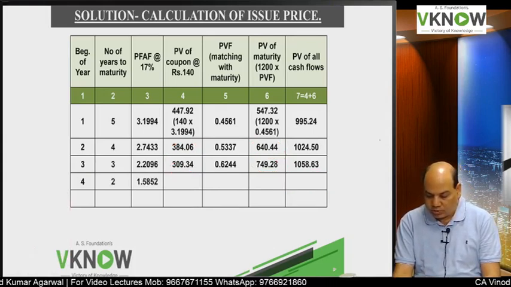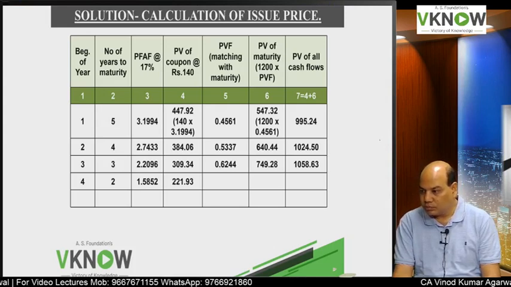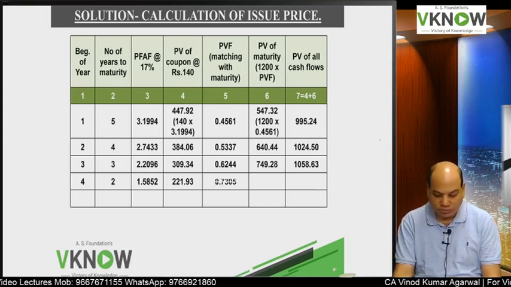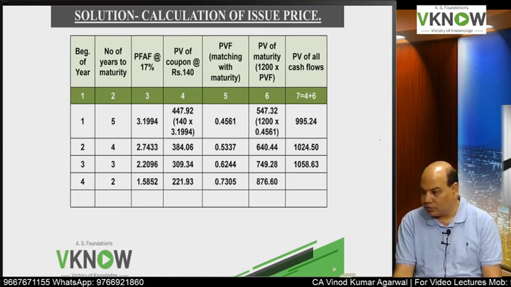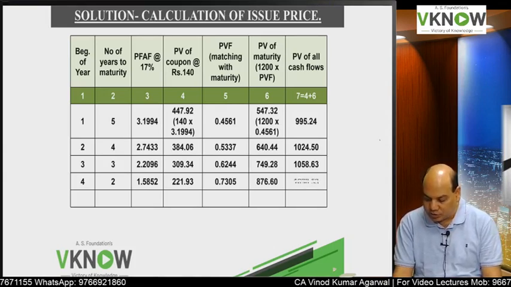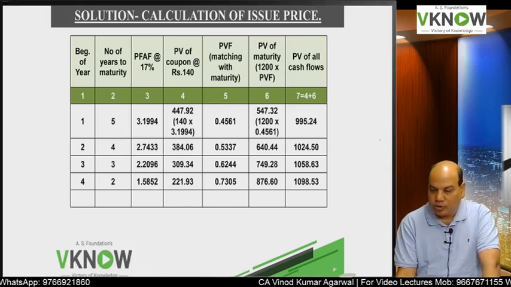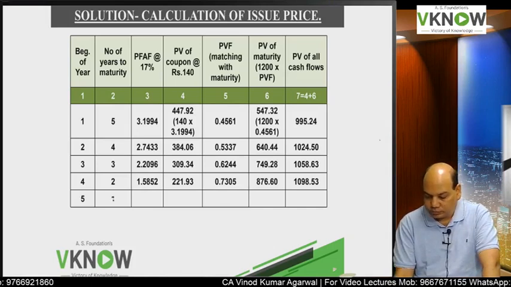Now 2 years are remaining. Factor is 1.5852. Present value of coupon 221.93. Second year factor 0.7305. 1200 into 0.7305 is 876.60. Take the total: 1098.53. And now we are at the beginning of year 5.